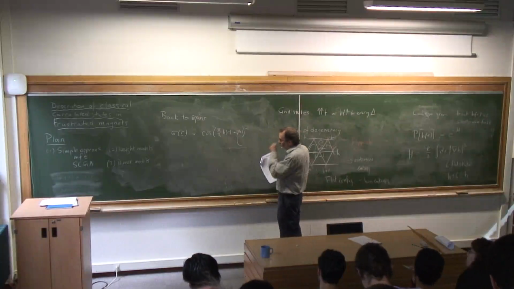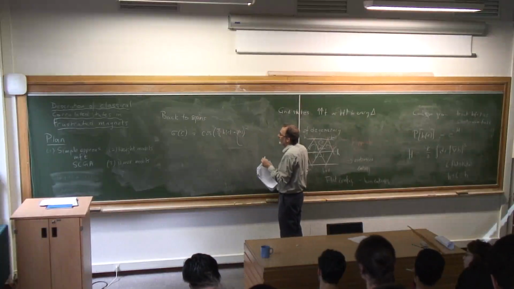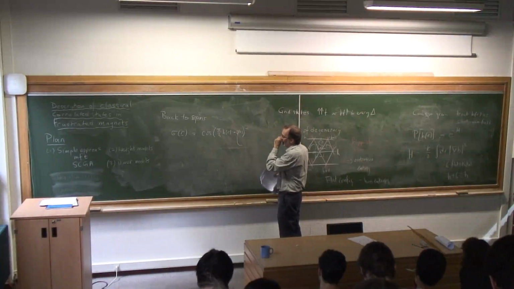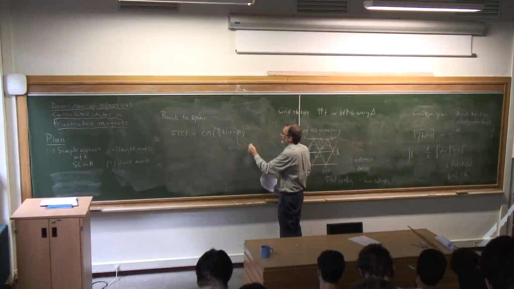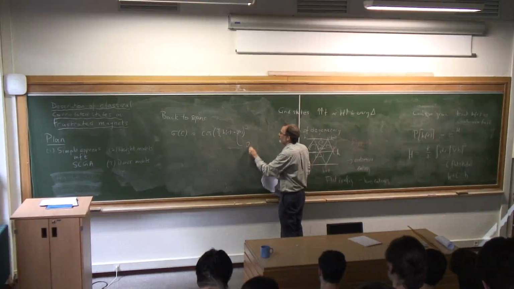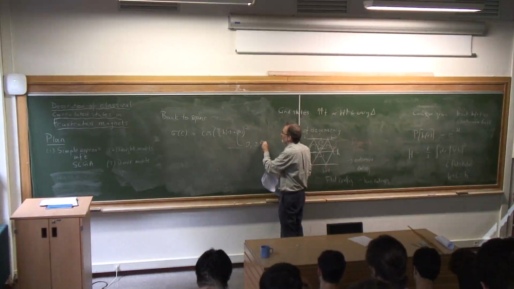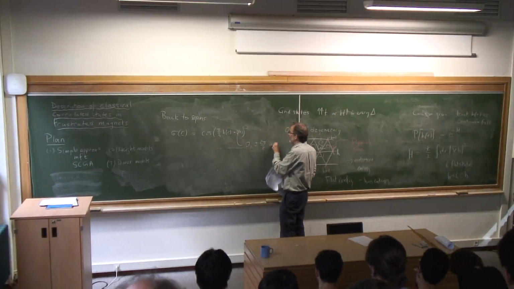And this phi is something that takes 3 different values on the 3 sublattices. So it's 0 or plus or minus 2 pi over 3 according to the sublattice.